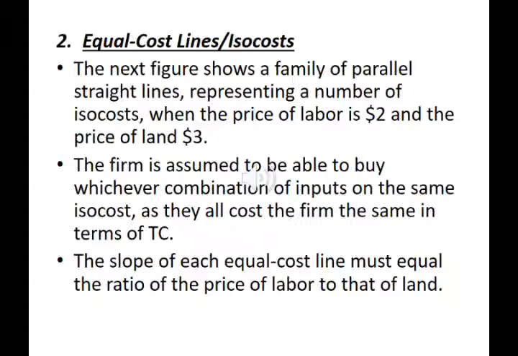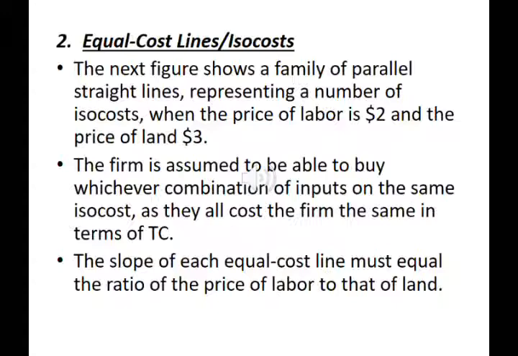This is when the market price of labor was $2 and the price of land was $3. So the firm is taking the market price of labor and land to be given, which is 2 and 3 respectively, and it can then draw a family of isocosts for the different combinations of labor and land, and all those combinations that lie on the same isocost will cost the same for the firm.